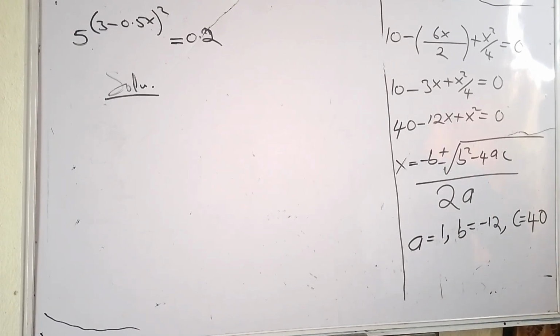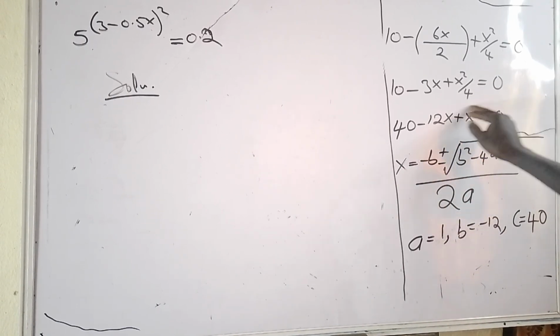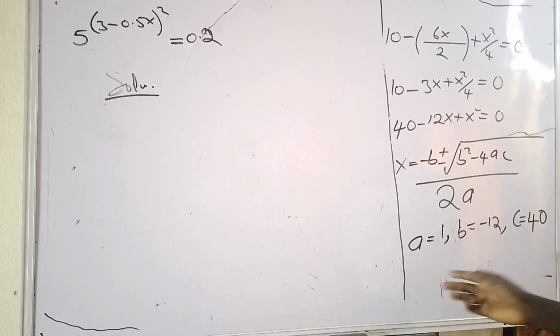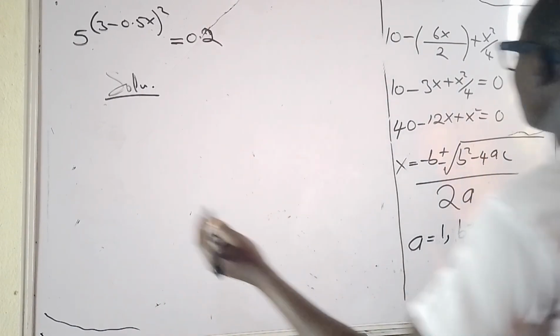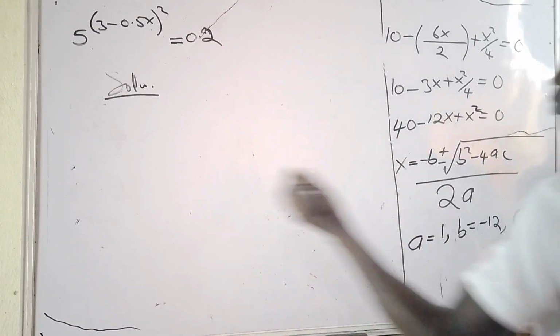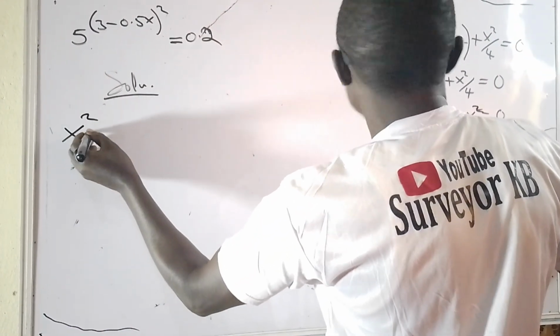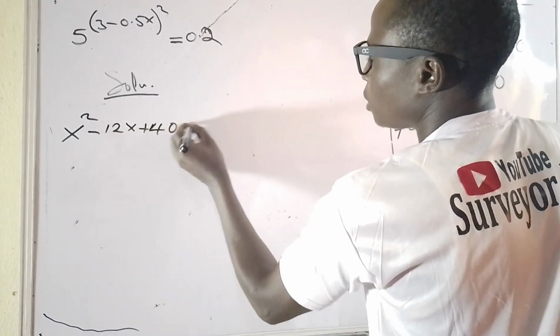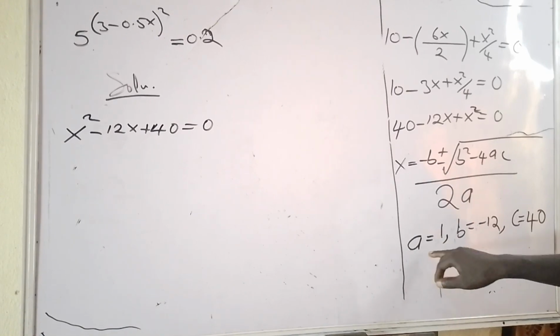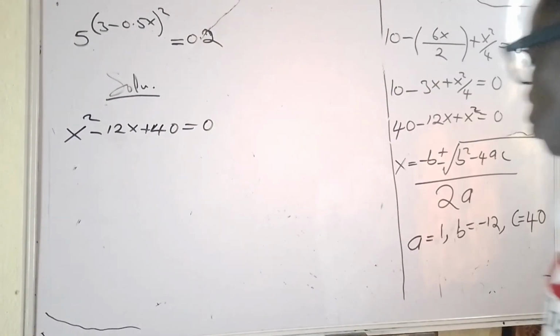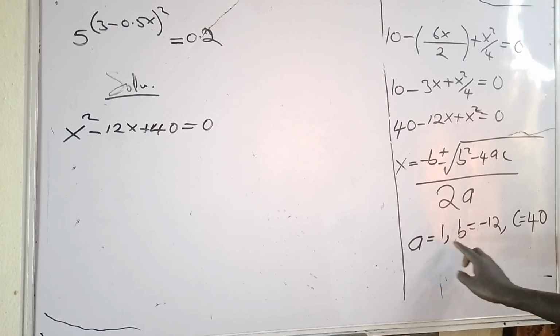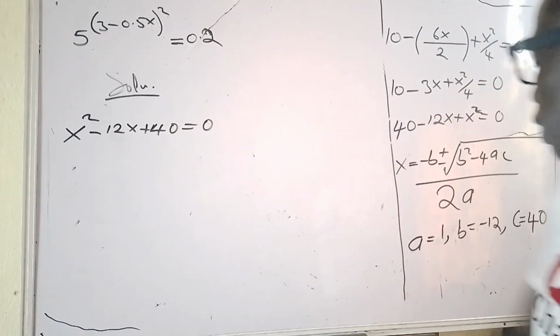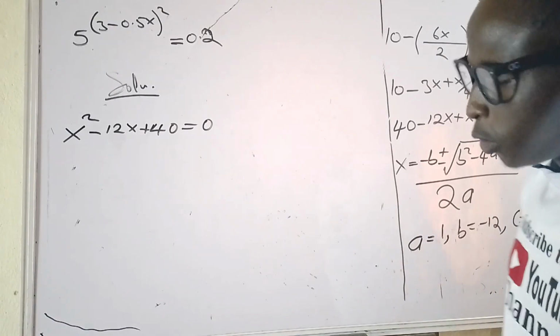In order not to confuse some of my viewers, let me rewrite this in its original way, so that everybody will understand. This can be written as x squared minus 12x plus 40 is now equal to 0, and that is where I got a, the first term, to be positive 1, the second term b to be negative 12, and the third term to be 40.